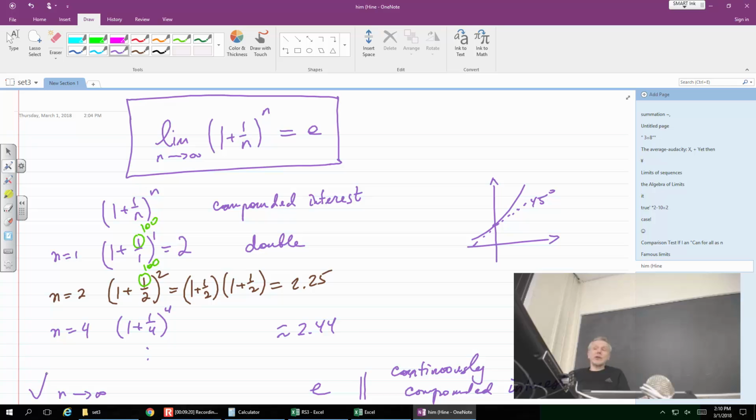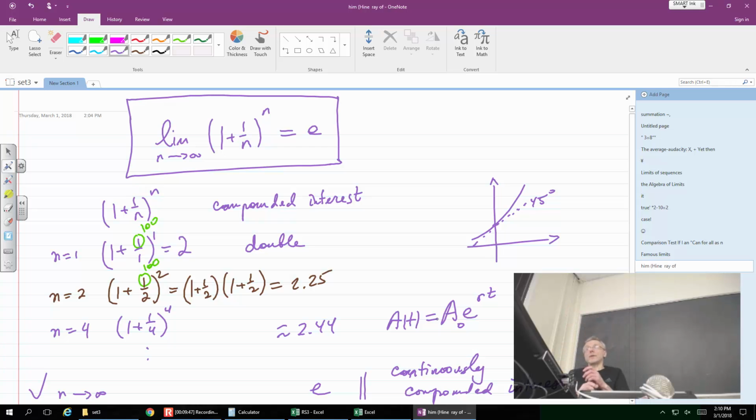Then you will get e dollars for each dollar of your initial investment, if your APR is 100%. If it's less, then you have to scale that back as well. And that way you will look at this function e^(rt), continuously compounded interest, as a function of time.